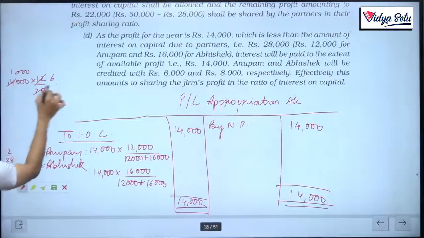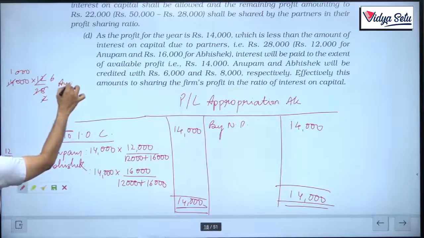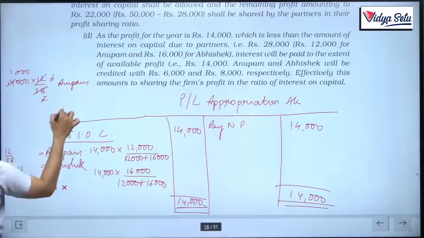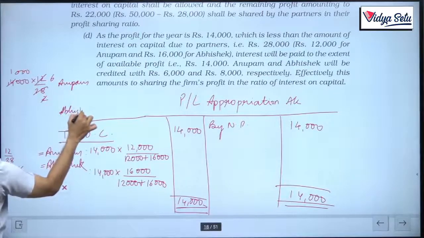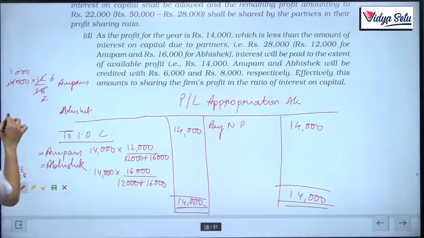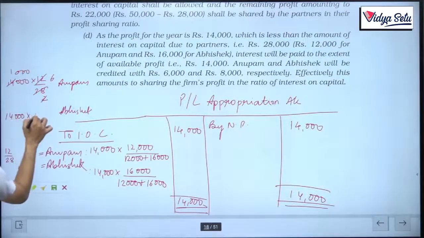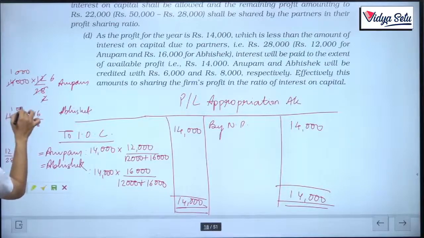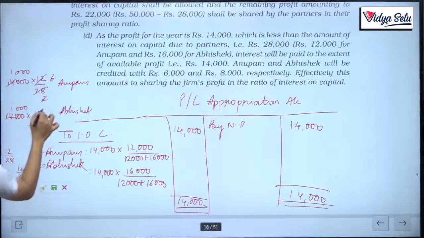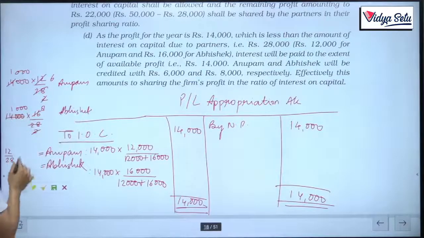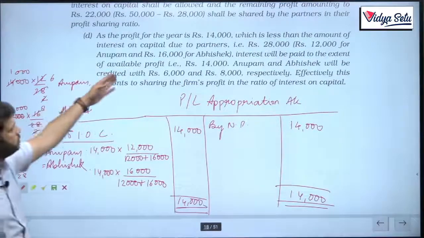And for Abhishek, 14,000 multiplied by 16 upon 28 gives 8,000. The same thing: 6,000 and 8,000.